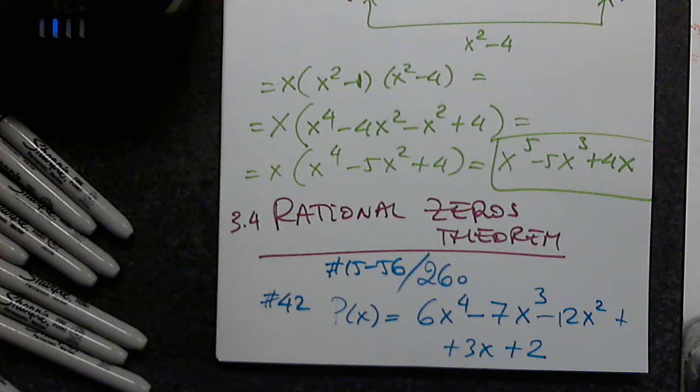I don't care about what the problem is asking us to do. I do care about two things. I want to find all solutions if possible. How many am I looking for? 4. Very good. Degree is 4, so I'm looking for 4 solutions. And I also want to present the factored form of this polynomial. What do I mean by that?